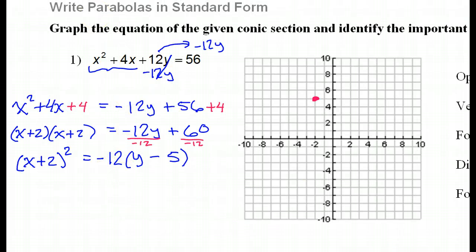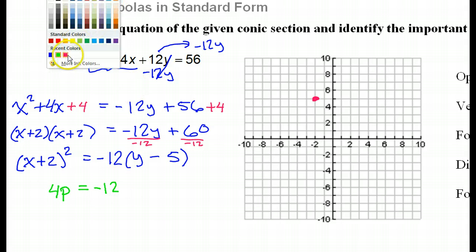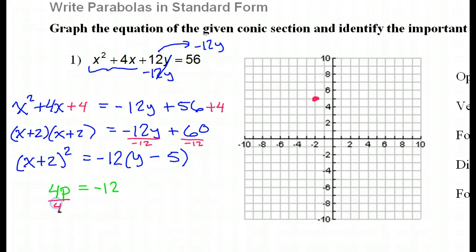So, since this negative 12 is in the 4p position, 4p equals negative 12. Alright, if you look at it that way, dividing both sides by 4 is going to give us p equals negative 3.